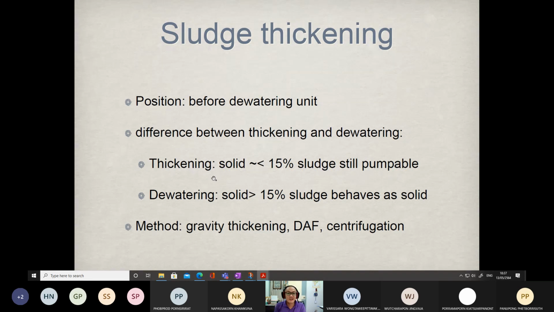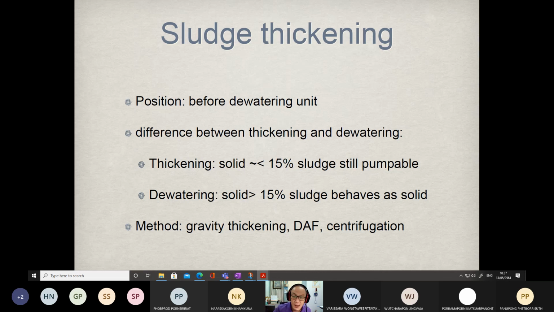In sludge thickening, when we allocate these unit operations in the water and wastewater treatment plant, the thickener should be allocated before the dewatering unit.